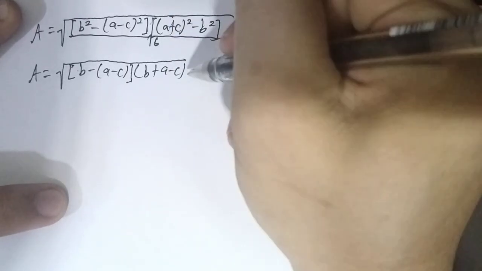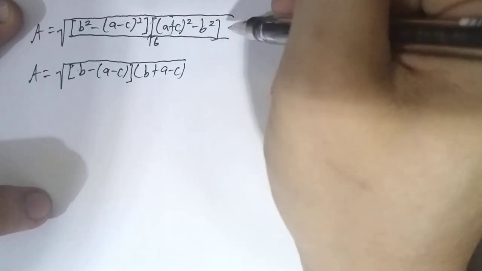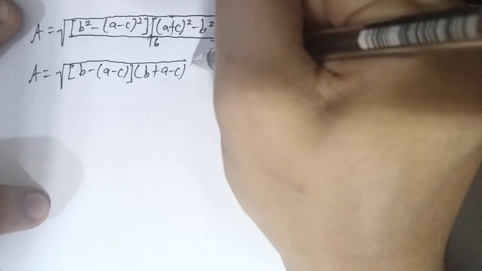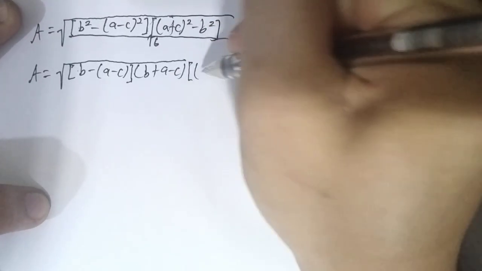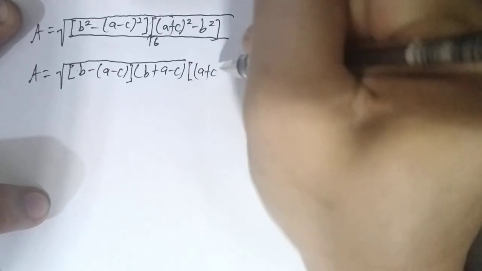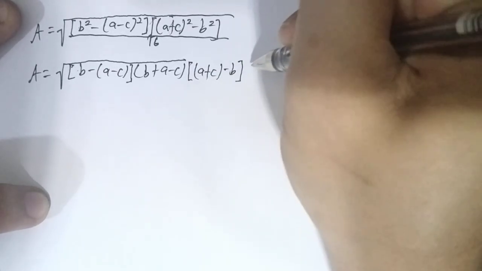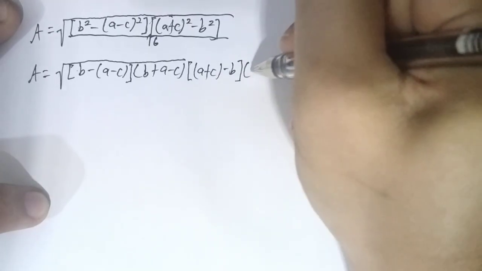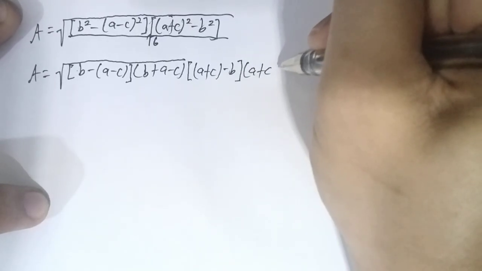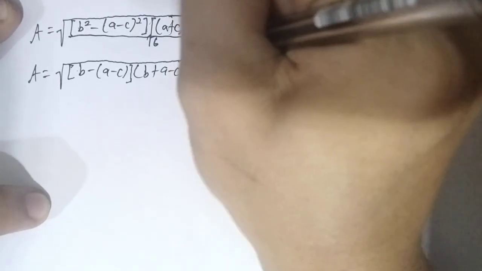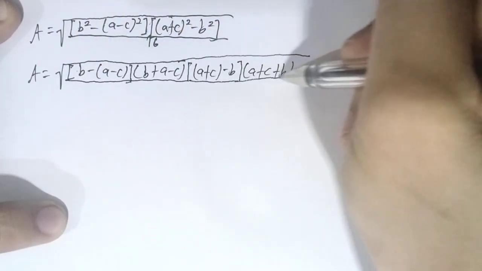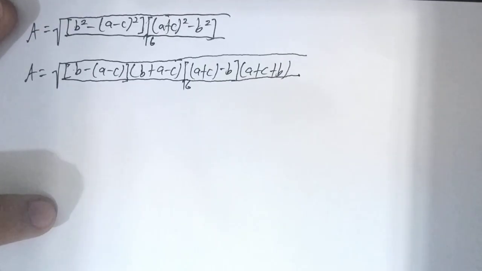Good. And then this is also a difference of squares. So this is quantity a plus c, right, minus b, multiplied by quantity a plus c plus b. All right, let's make this longer. All over 16. Okay. So we're getting close there.